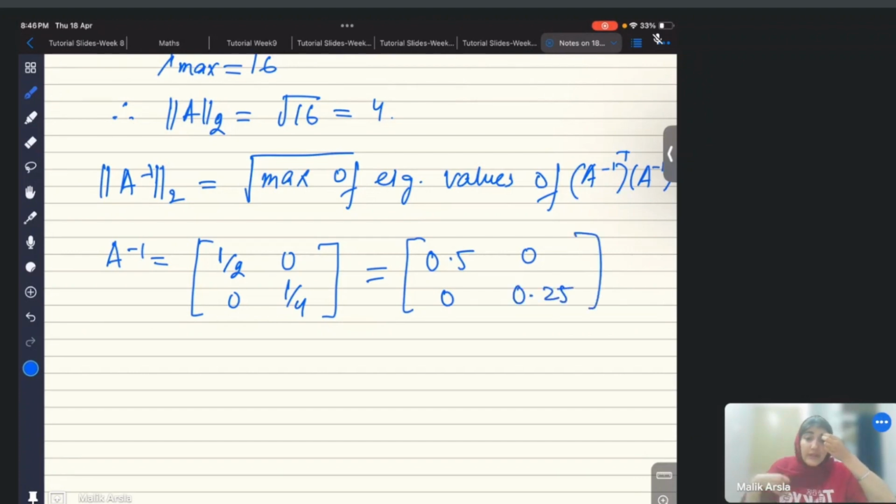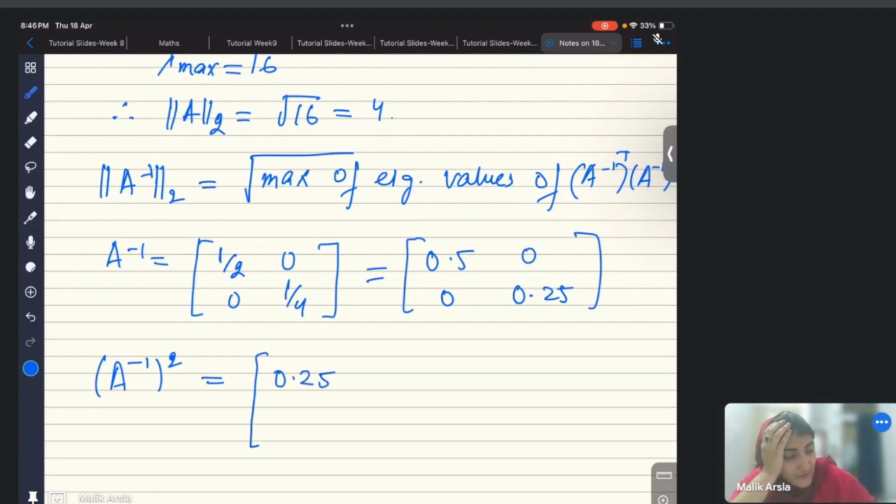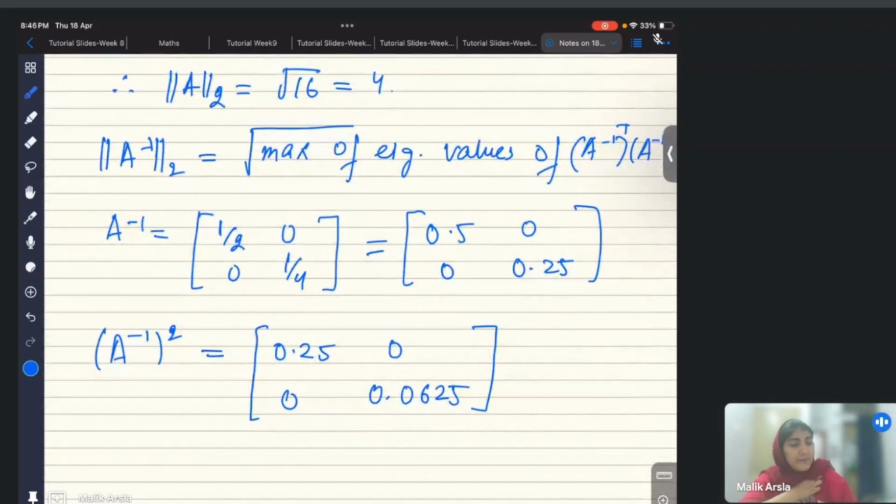Now what will be A inverse transpose into A inverse? It will again, for a diagonal matrix, be equal to A inverse square. So that is 0.5 square, which is 0.25, and 0.25 square, which is 0.0625. Now here lambda max is clearly 0.25.